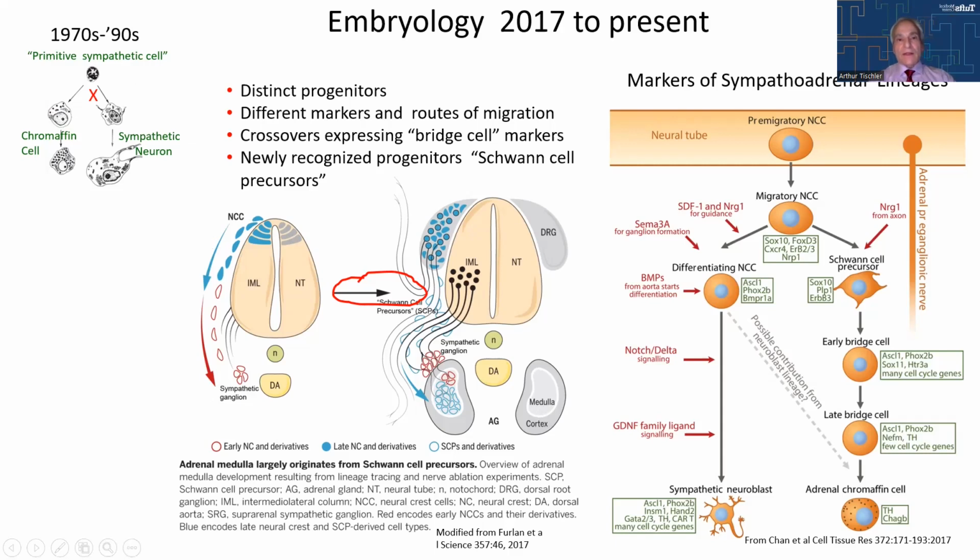Cells mature in the sensory ganglia, that is the dorsal root ganglia, that subsequently form from the neural crest in that location, and migrate along sensory neurons to join up with preganglionic sympathetic neurons, sympathetic axons that emerge from the intermediolateral columns of the spinal cord. And they use those axons as guidance to reach their destinations in the adrenal medulla and paraganglia, with the exception of a few bridge cells, crossover cells that I mentioned.